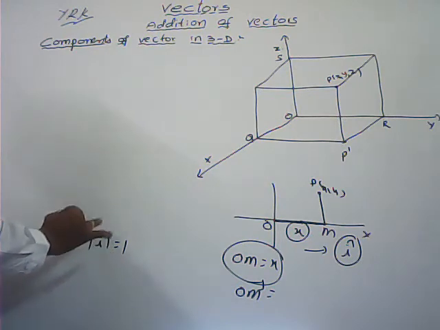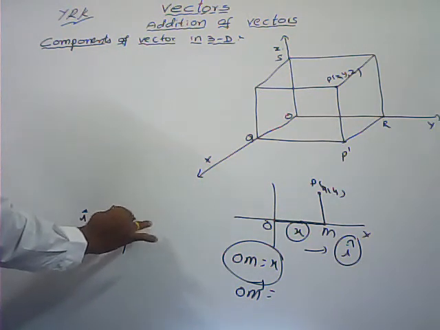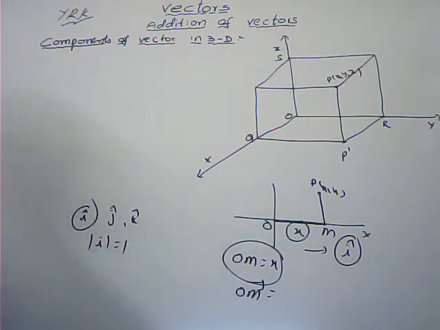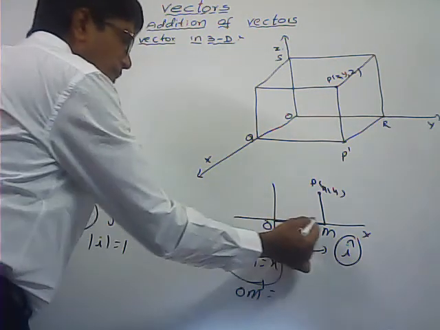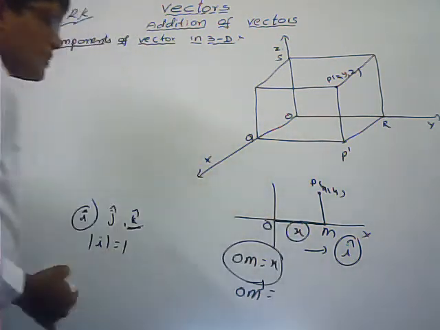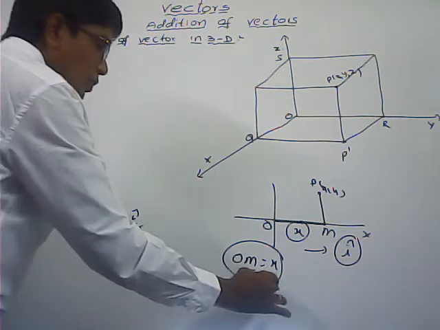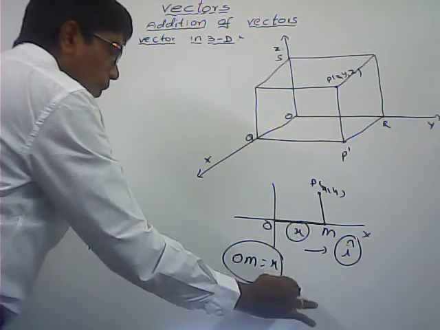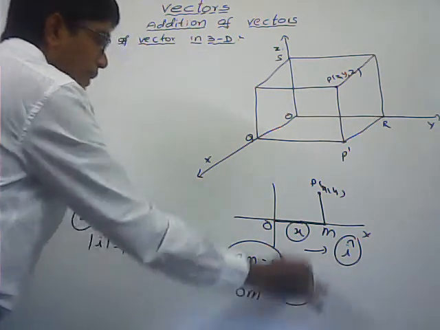And here I am taking i cap, j cap and k cap. i cap is the unit vector in the direction of the x-axis, j cap is the unit vector in the direction of the y-axis, and k cap is the unit vector in the direction of the z-axis. So here OM is equal to x units, and for OM bar, that magnitude should be multiplied by the unit vector in that direction.